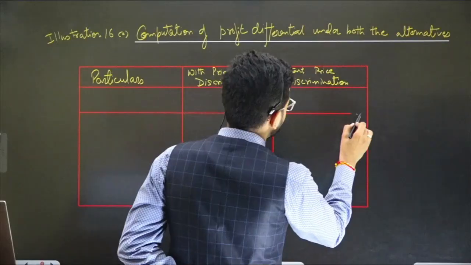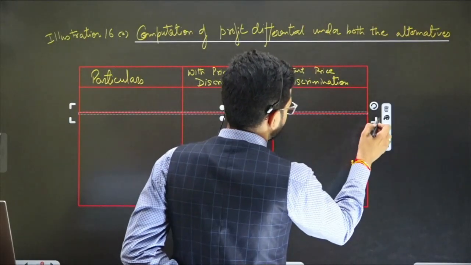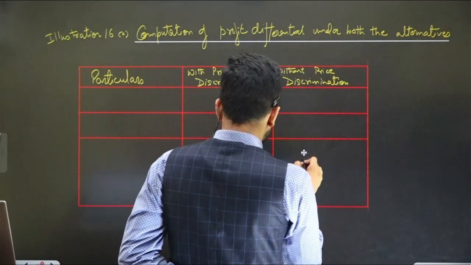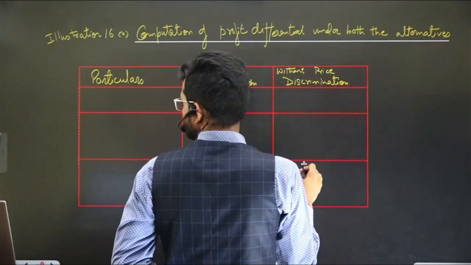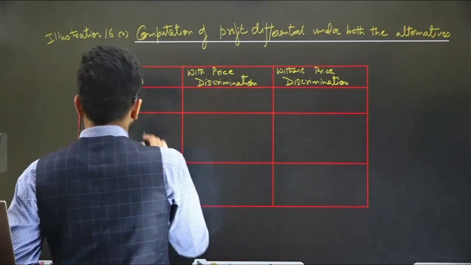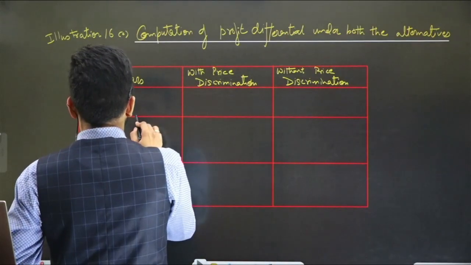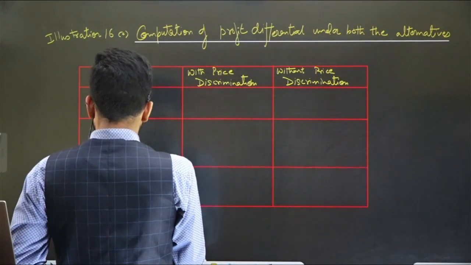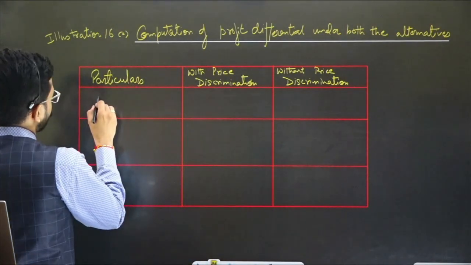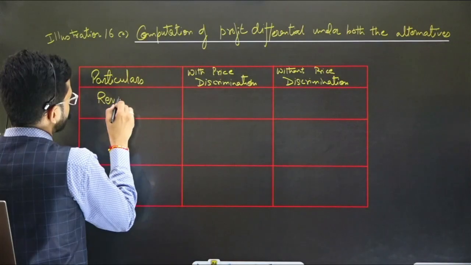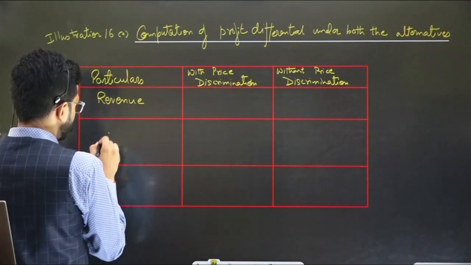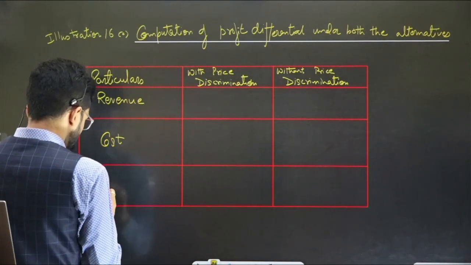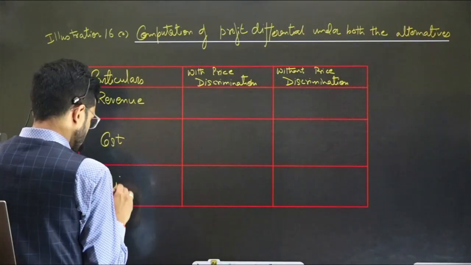Here we have the revenue. Then we have the cost. This is the revenue. This is the cost.